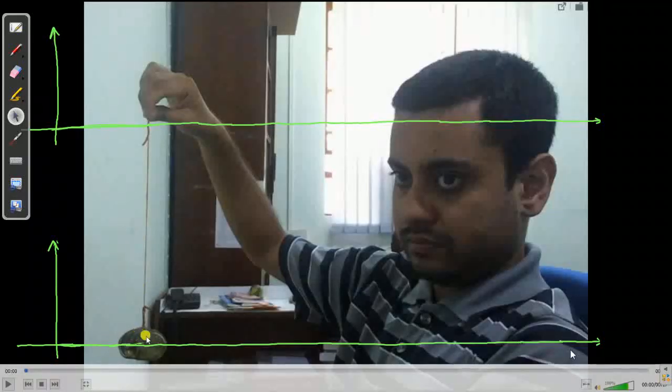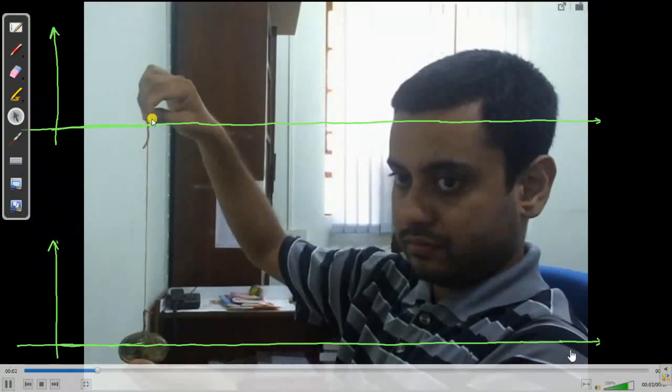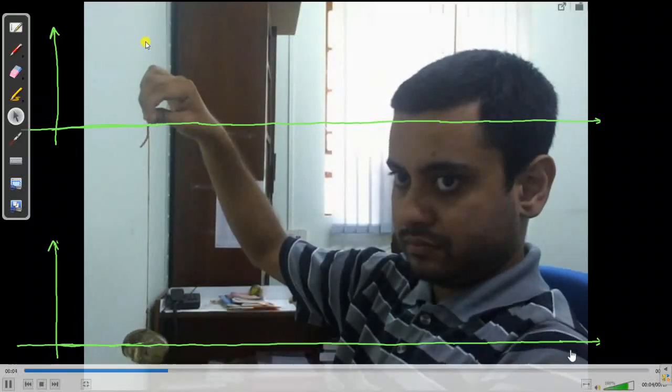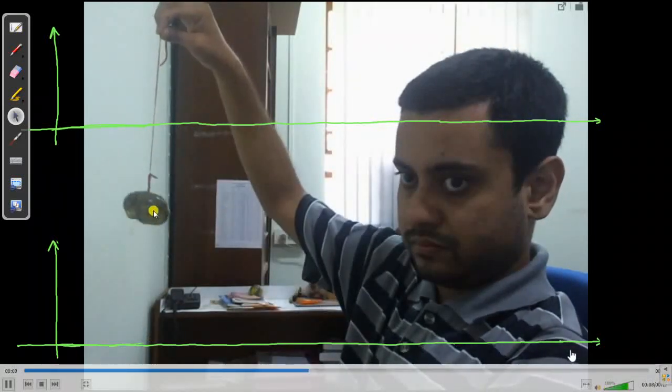Here I have a paperweight hanging from an elastic rubber band, and this is a system. If I raise my hand upwards, then this paperweight is also raised upwards.